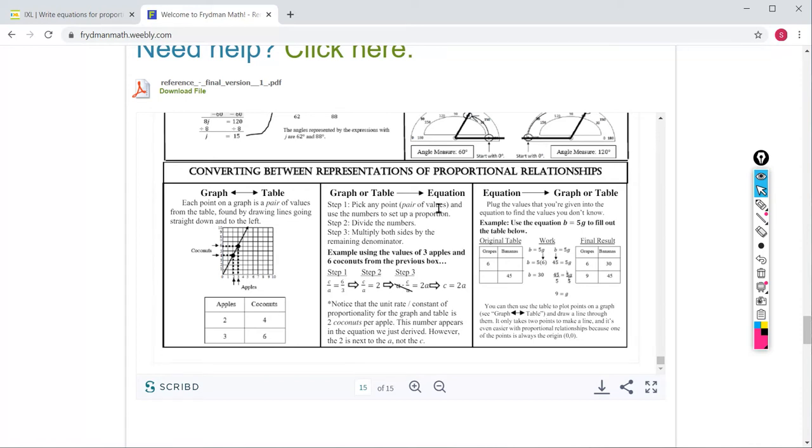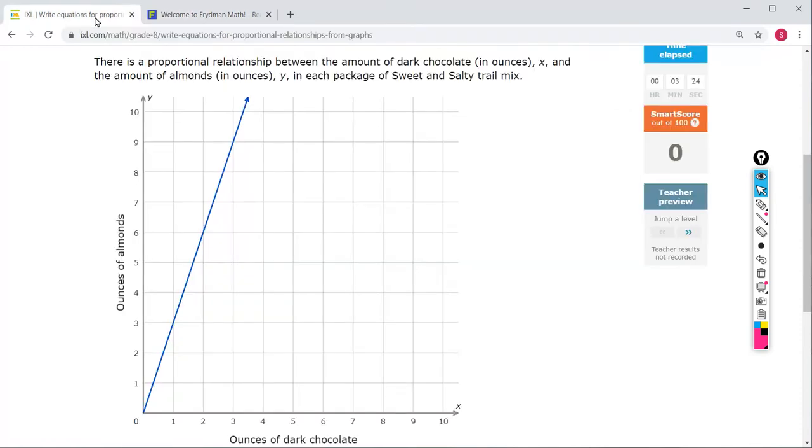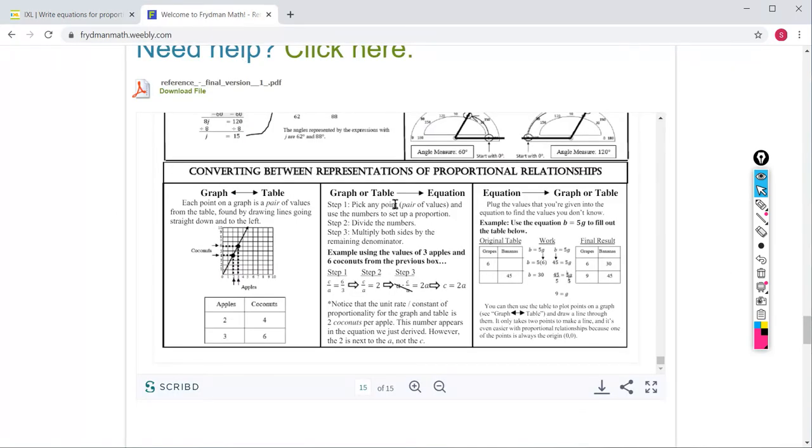So we have 2 values, right? In this case, 1 value for the ounces of dark chocolate, and 1 value for the ounces of almonds. So we pick any point on the graph, which is actually a pair of values, and use the numbers to set up a proportion.